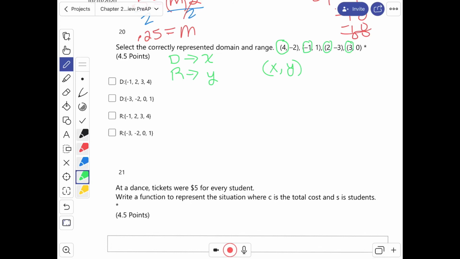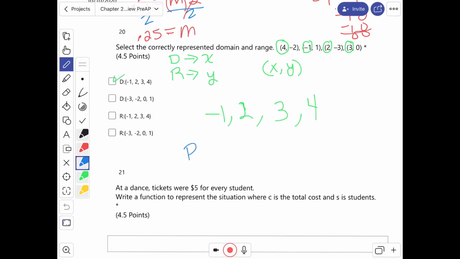And when we write them in domain, we want to write them in order from least to greatest. So the least of all those would be -1, and then 2, and then 3, and then 4. So the domain that shows that would be there.